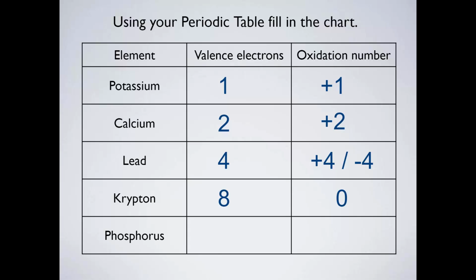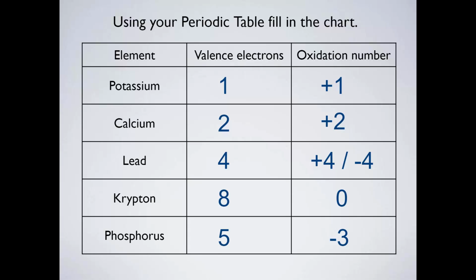All right, phosphorus. Emma, how many valence electrons? What does it want to get to? Yep, -3. It's missing 3.